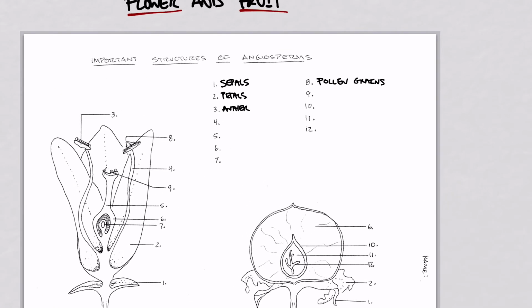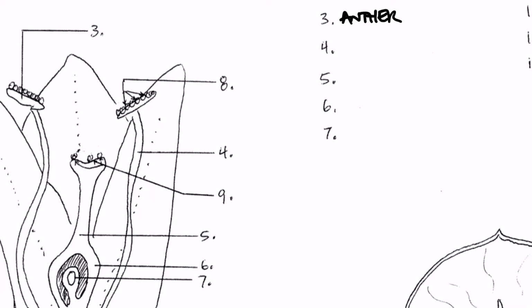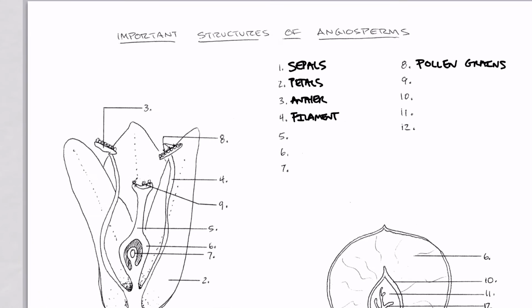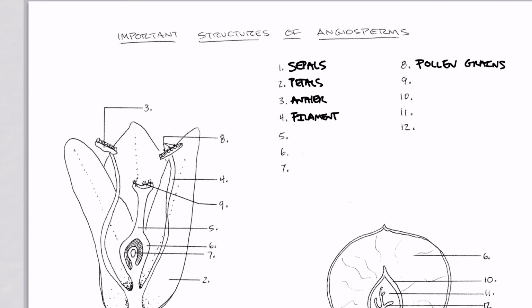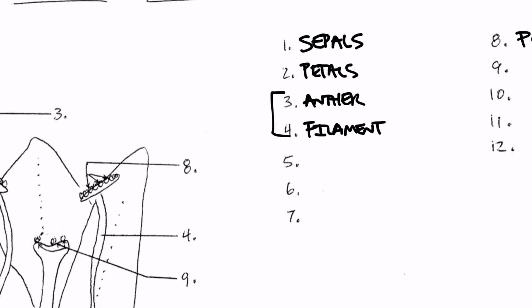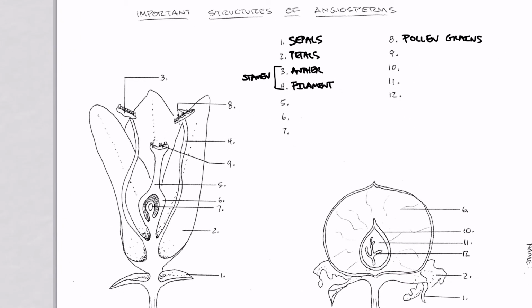And then what is holding up the anther right here is called the filament. Together, the anther and the filament make up the male reproductive part of the flower. And together, these are called the stamen. So that's the male reproductive organ within the flower.